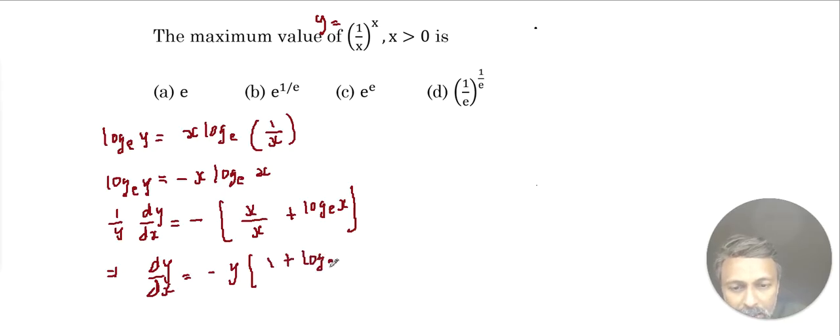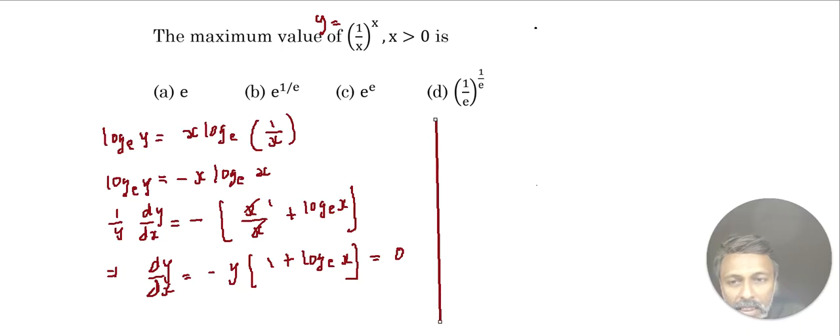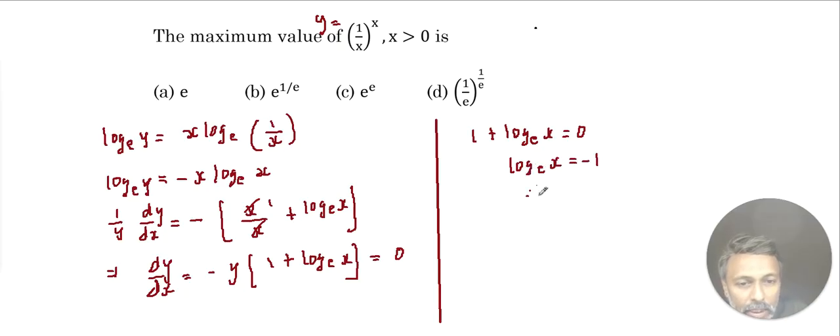X is getting cancelled. We equate this derivative to 0. We can divide by minus y. So we get 1 plus log x is equal to 0. So log x is equal to minus 1. Therefore, in exponential form, x is equal to e raised to minus 1, which is 1 upon e.